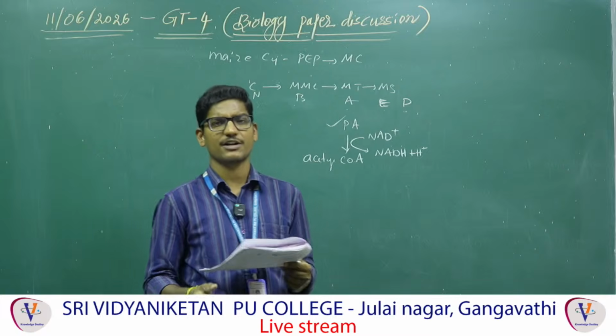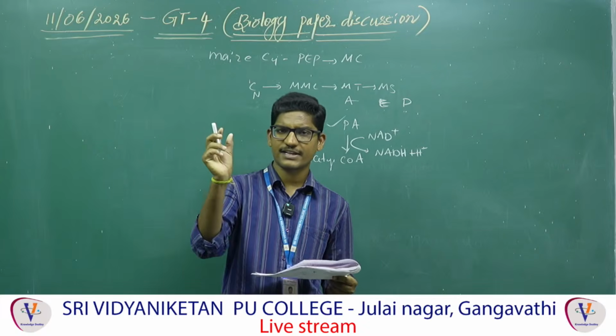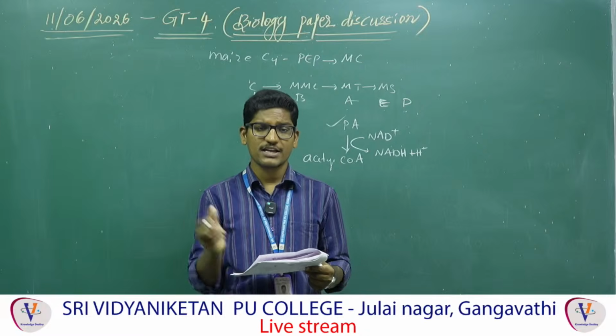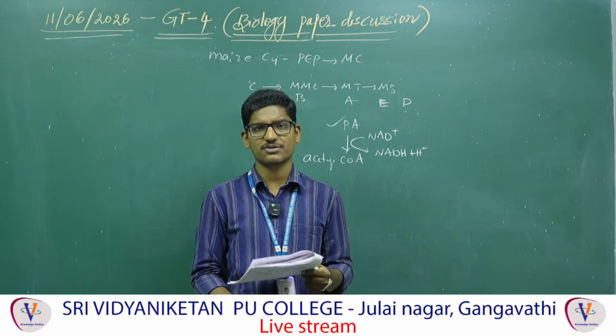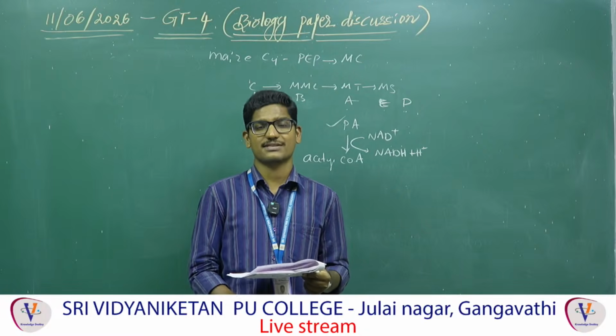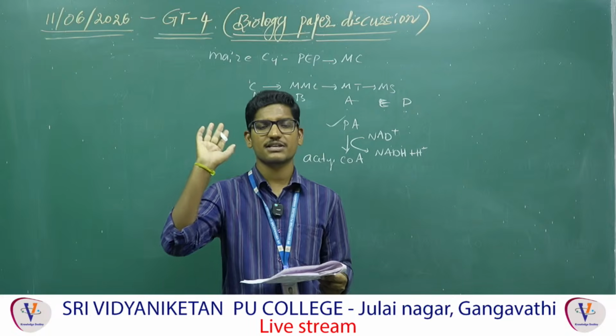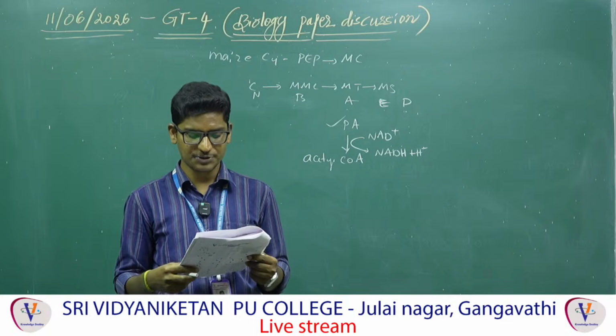In rDNA technology, Eli Lilly company took the insulin gene and transferred it into E. coli. In E. coli also the gene produced insulin, because the genetic code is universal. For all the organisms it is almost universal. So the fourth option is correct.